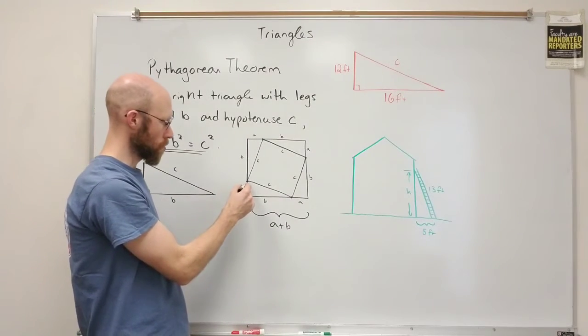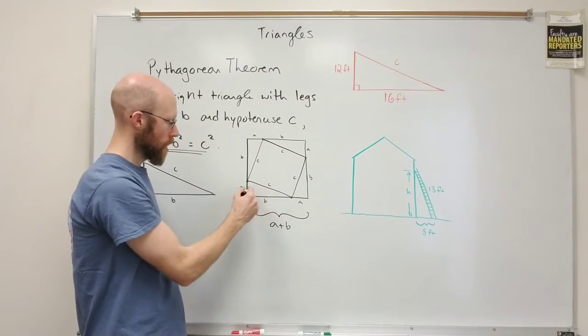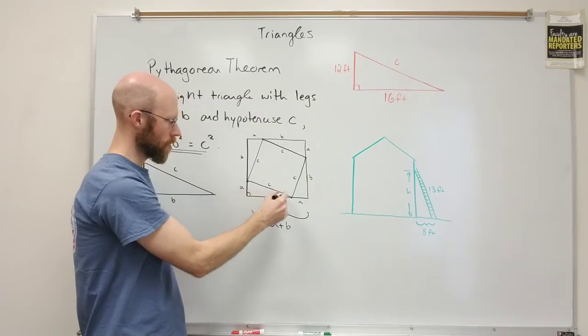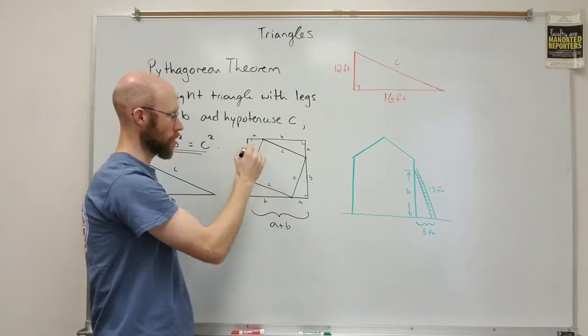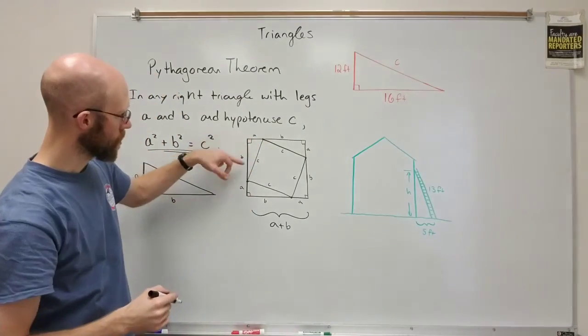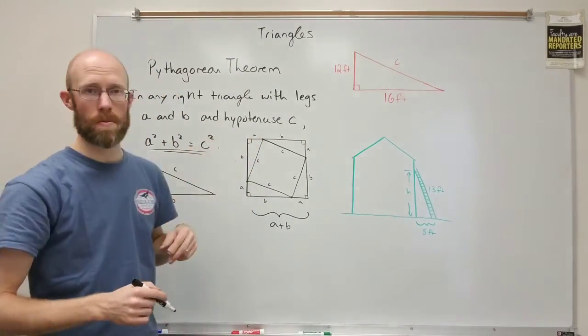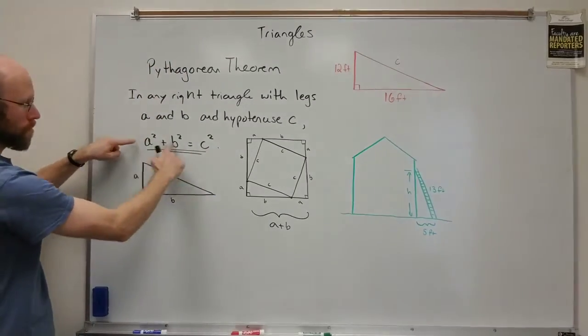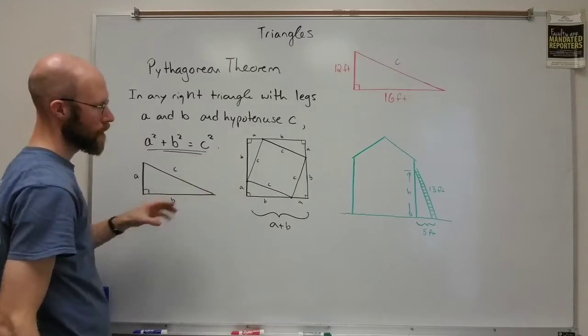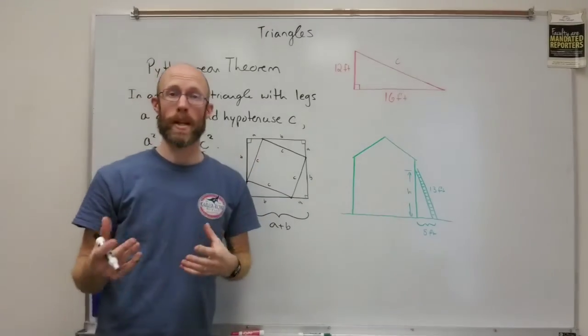You can look at the relationship between them, and the triangles here are all right triangles, and they're all similar triangles. In fact, they're congruent triangles because the angles are the same and the corresponding sides are the same. The way that we can determine this formula from this diagram is by equating areas.